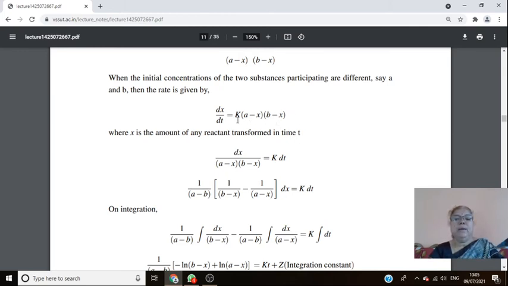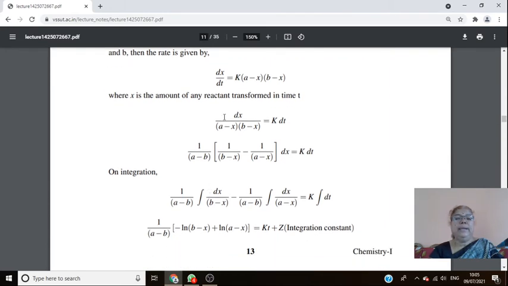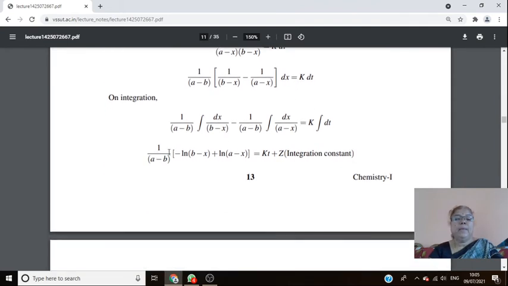Rearranging this equation, we can write dx upon (A minus x) into (B minus x) equal to kt. Integrating this equation, we get 1 upon (A minus B) into [1 upon (B minus x) minus 1 upon (A minus x)] dx equal to k into dt.